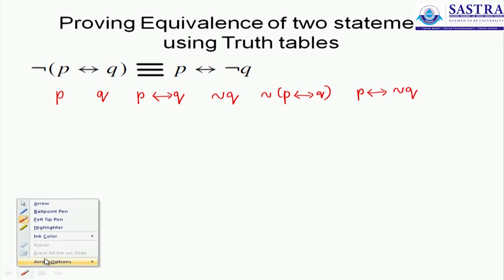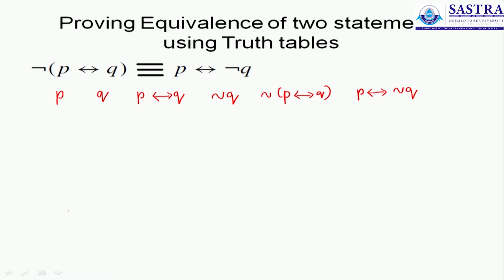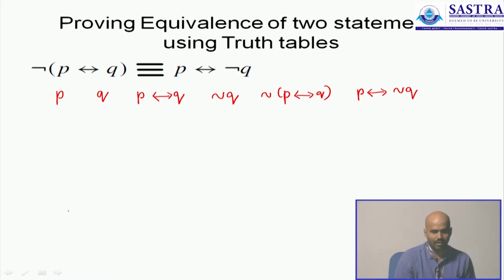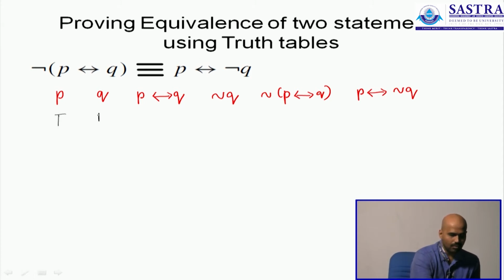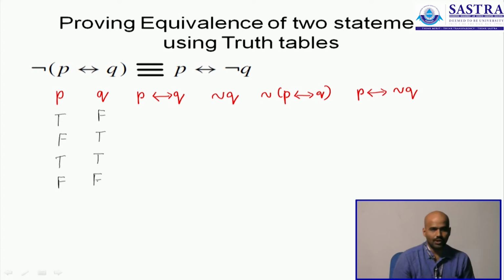So when we complete this truth table across these 6 columns, we'll have a clear idea as to whether they are equivalent or not. So let's start again. These are the 4 possible input sequences, or the values that can be assigned to these 2 statements, and column number 3 is a biconditional.